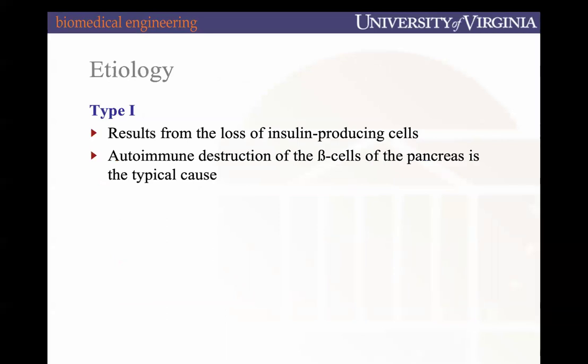So there are three types of diabetes. The first is type 1. This is an autoimmune destruction of the insulin-producing cells, the pancreatic beta cells. So there's an autoantigen on those specific cells. There's oftentimes proteins on the surfaces of different cells that are unique to them.